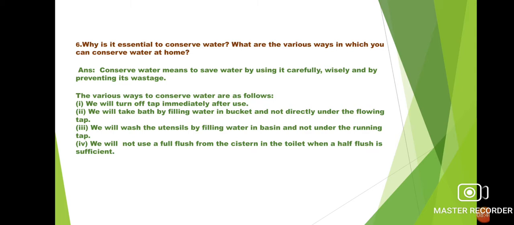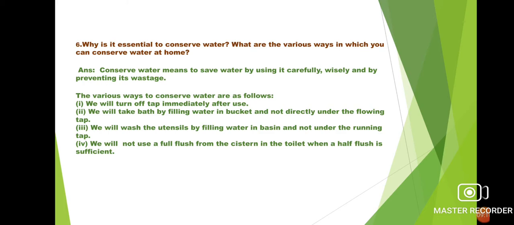Number 1, if you are washing the utensils, don't keep the tap continuously open. Just open the tap when you are rinsing the utensil. Number 2, instead of putting on the shower, first fill up the bucket and then take your bath, not directly under the shower, because it leads to so much water loss.